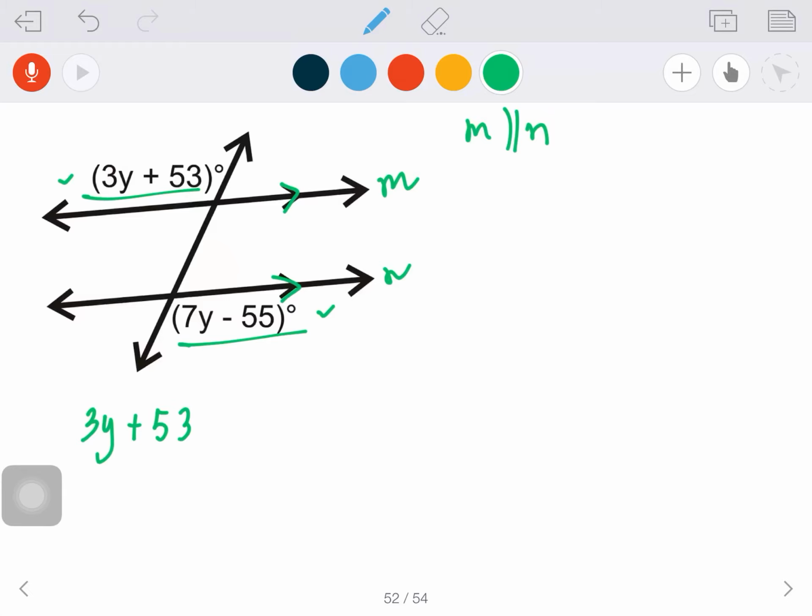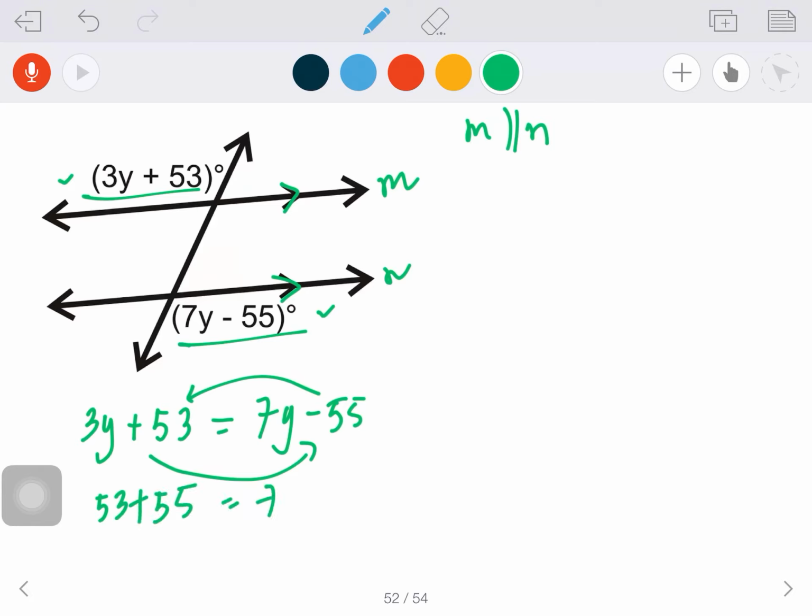So that would be 3y plus 53 equals to 7y minus 55. So if we're going to manipulate the equation, this would be transposed here. 3y goes to the other side. So this will be 53 plus 55 equals 7y minus 3y.